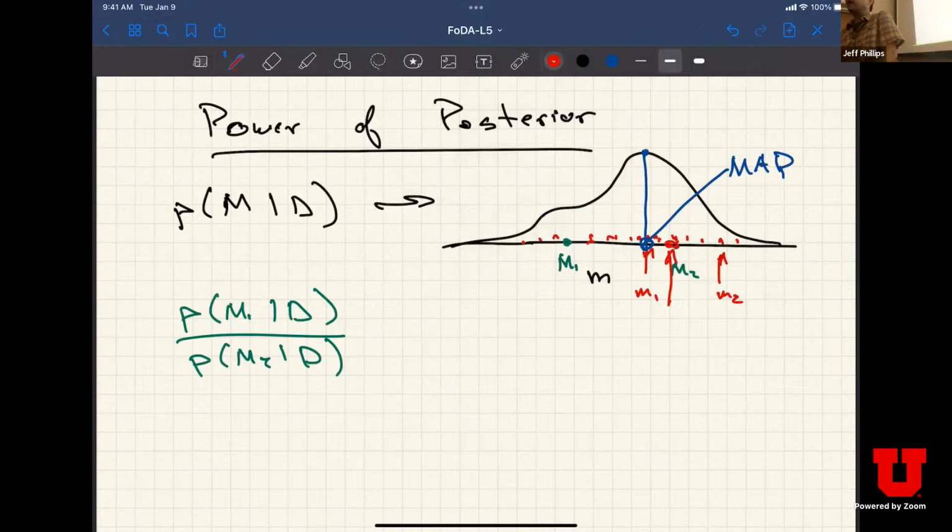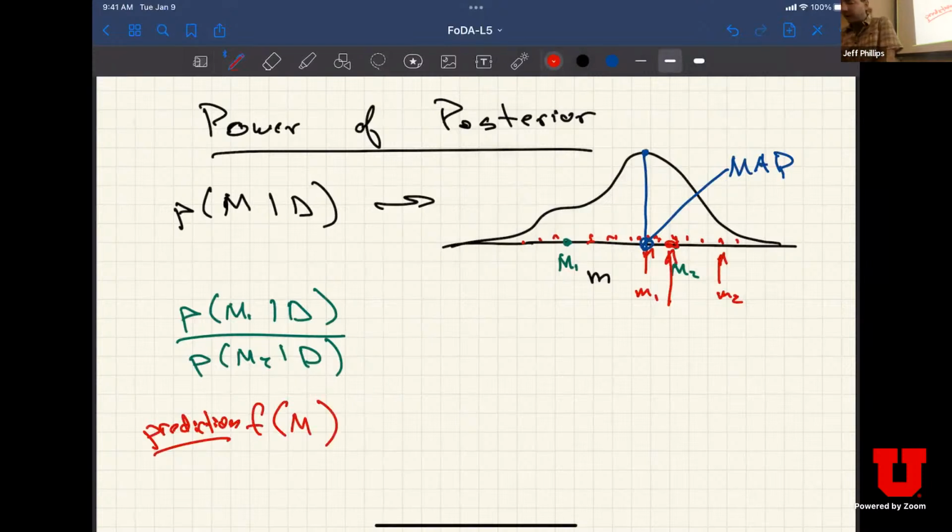I can also say, let's say I want to actually compute some function. I want to make a prediction with a function that depends on this model.